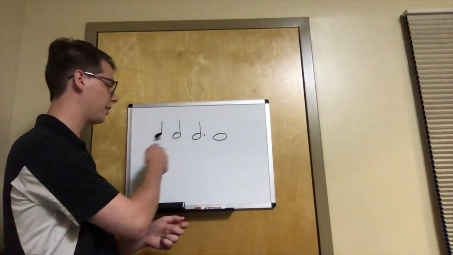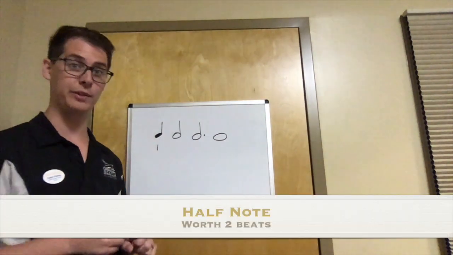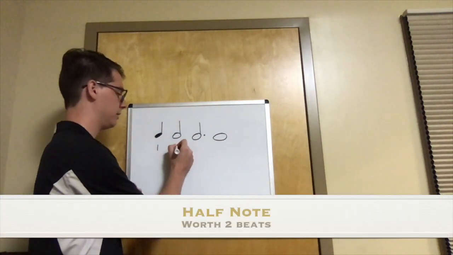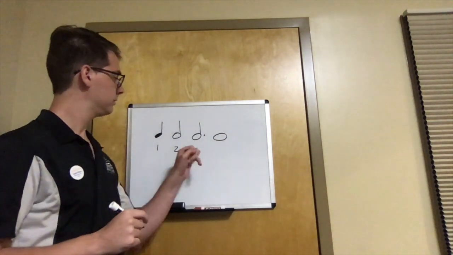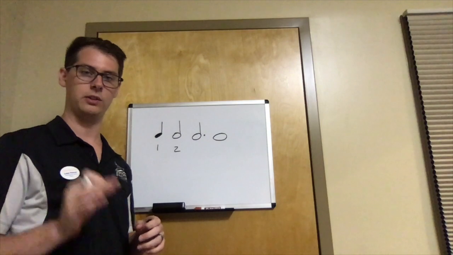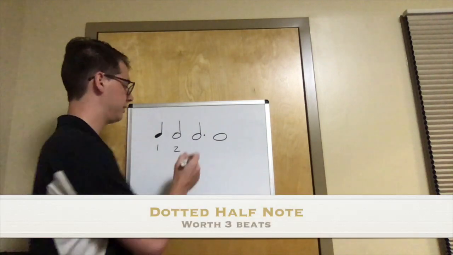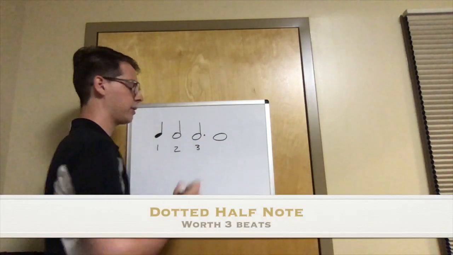Now moving on to our next note, that one's called a half note. And our half note is worth two beats. Moving on to the next, we have what's called a dotted half note, which is worth three beats.